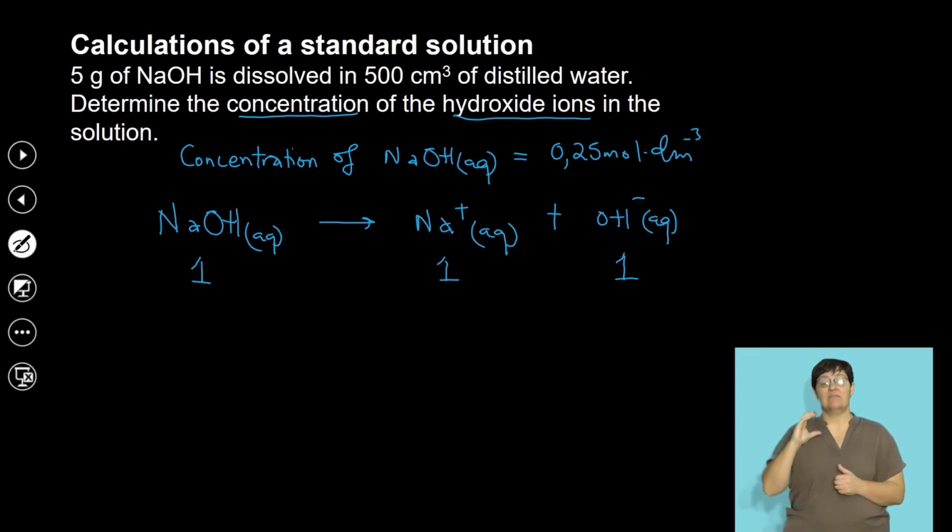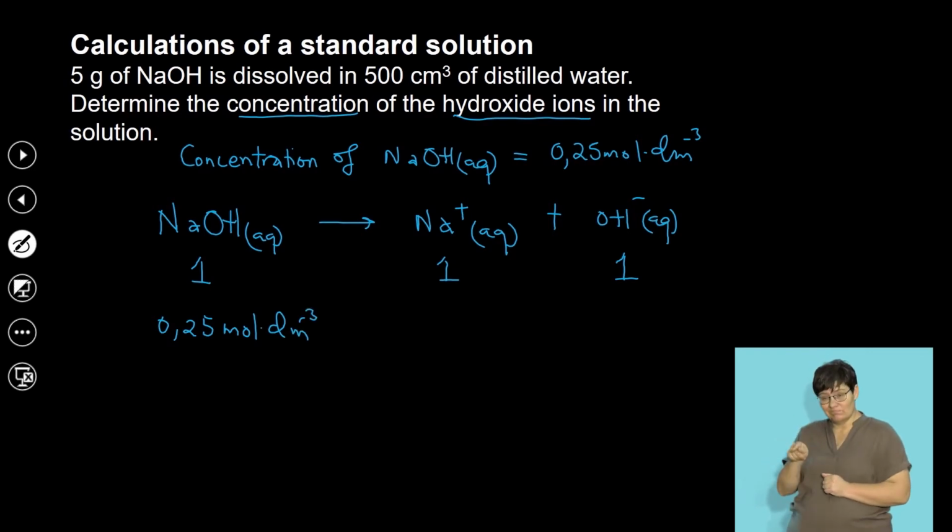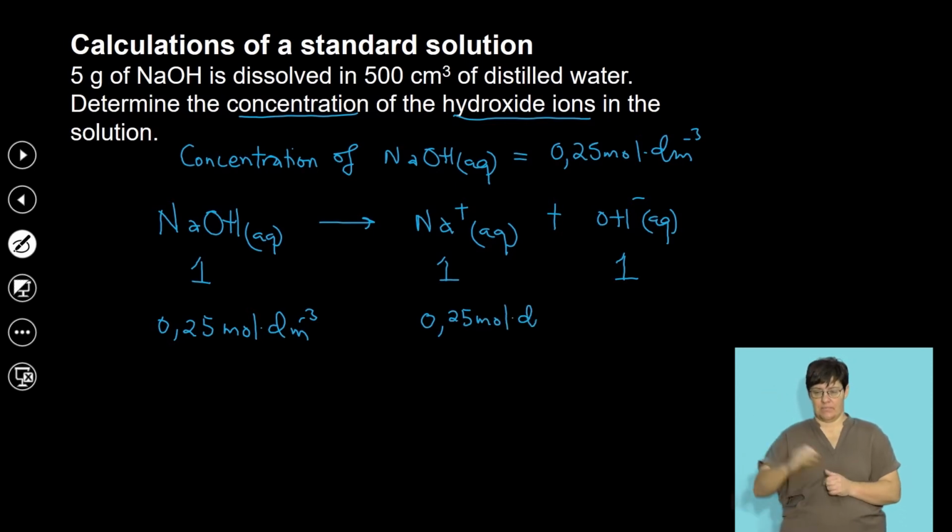If the concentration of sodium hydroxide is 0.25 mole per cubic decimeter, the concentration of the sodium ion will also be 0.25 mole per cubic decimeter, because of the ratio 1:1.